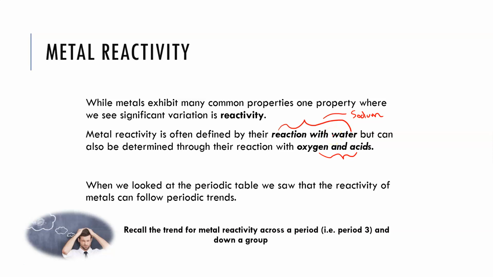So when we look at the periodic table, we see that reactivity of metals follows periodic trends along with metallic character because they're quite interchangeable. And you may remember that in period 3, we said that metal reactivity decreases as we go from left to right.